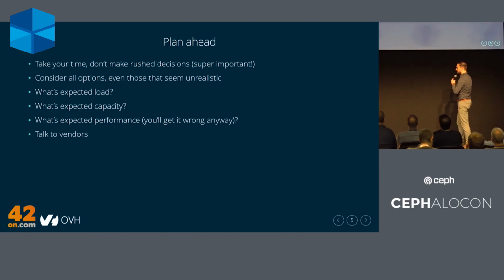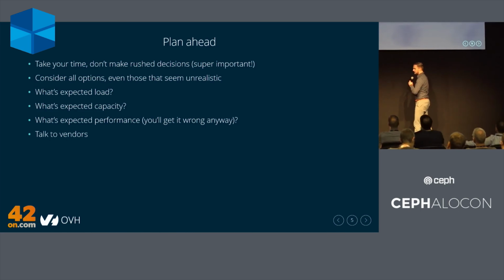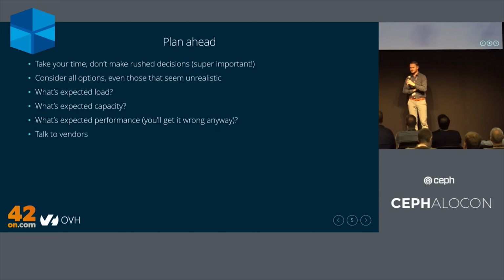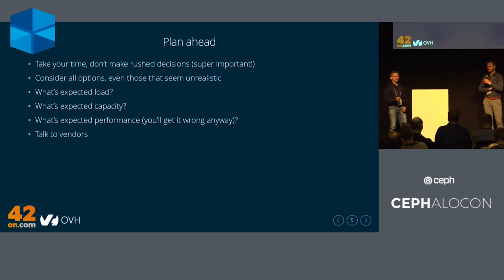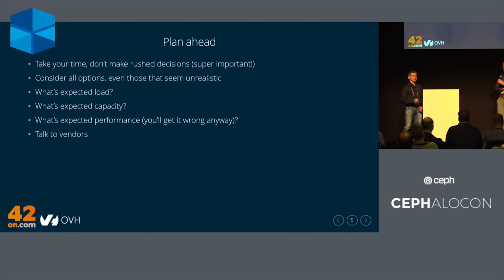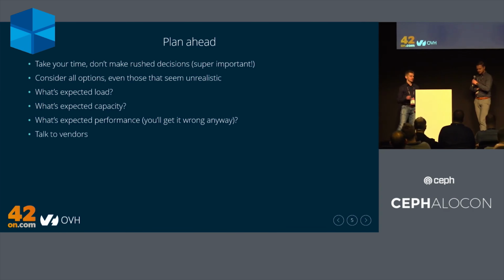To get the best of your money, you should plan ahead. You can't make rushed decisions. You can't just go and rush through the shops and get any CPU and NVMe drives on the market and call it a day. You won't get the best of your money or your hardware if you do it that way. You should plan ahead. You should also consider all options, even those that are unrealistic at the time.